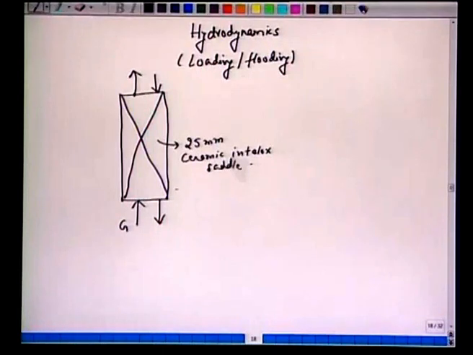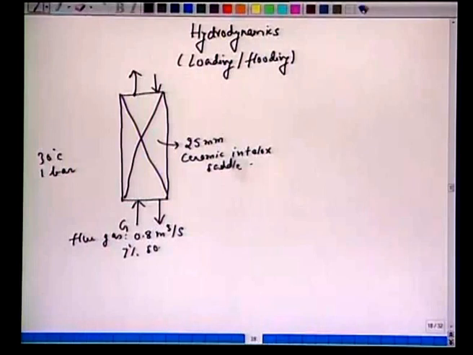And here it is given the flow rate of this flue gas is 0.8 cubic meter per second. Temperature is given 30 degrees centigrade, pressure is 1 bar, and this flue gas contains 7% of sulfur dioxide, given volume by volume.